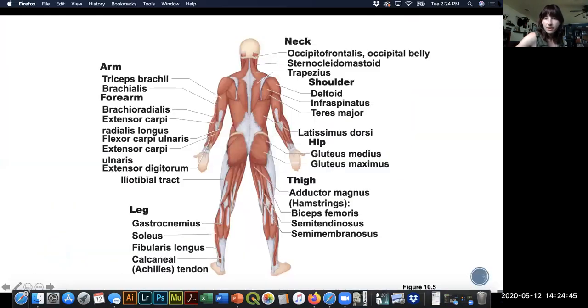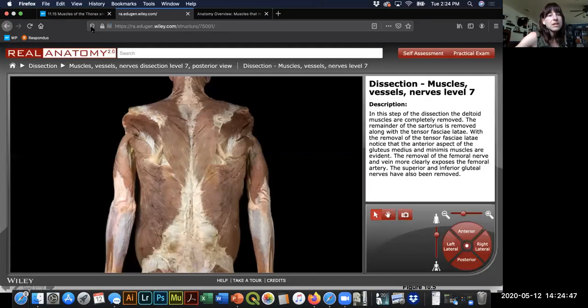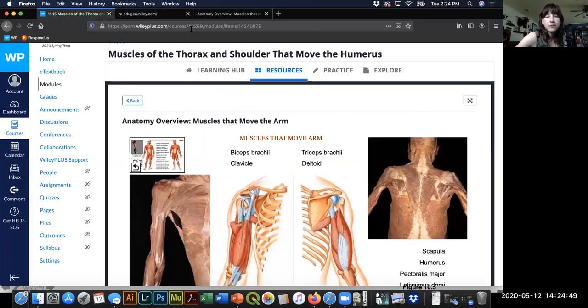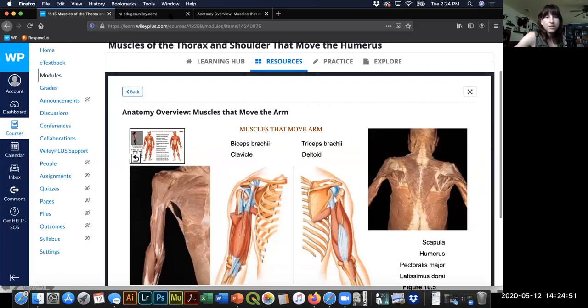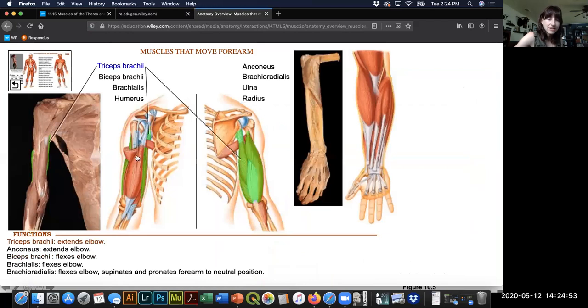Okay, let me see what else we got over here with our lovely little interactivity. Here we're looking at an anterior view on the left. So this is the biceps brachii, right? And just below it, underneath it, you can see the brachialis.